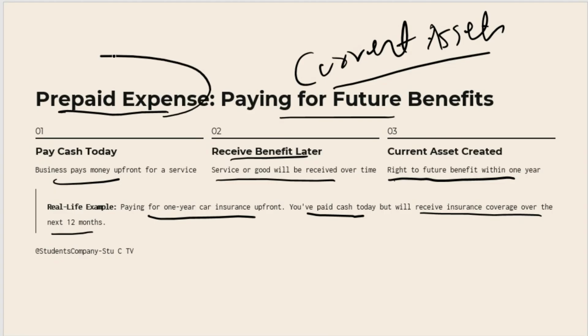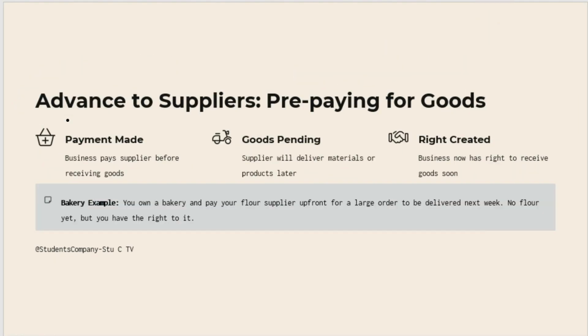Advance to suppliers. Now, suppose a business is getting raw material from a supplier. The business pays the supplier before receiving goods. So, the supplier will deliver materials later, but the business has given an advance payment early.